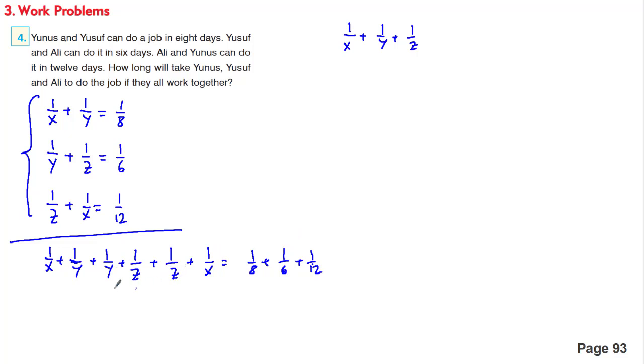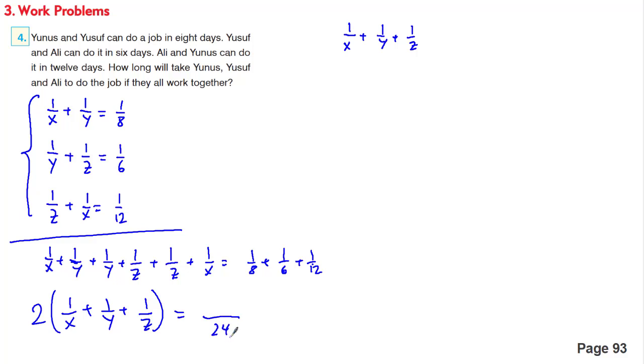Now, the left side is 2 times, because it's 1 over x and 1 over x, that's 2 over x. All of these are repeated twice. And we need to add up the right side. What do you get on the right side?